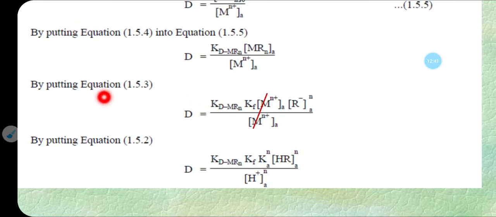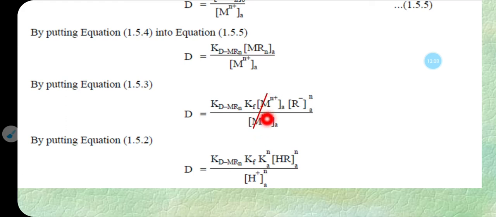By substituting the value of metal chelate in aqueous from the final equation of stage 3, we get the equation D is equal to the distribution coefficient of metal chelate, the formation constant of metal chelate, metal ion M plus, R minus, divided by M plus.